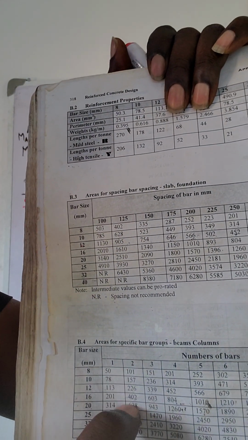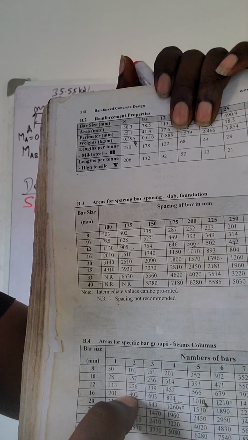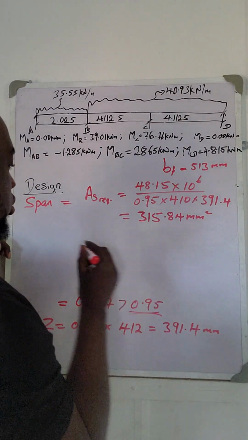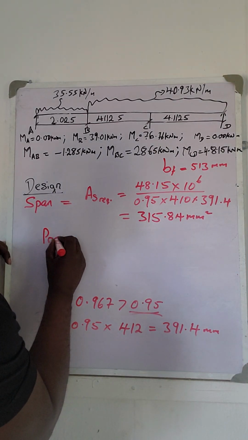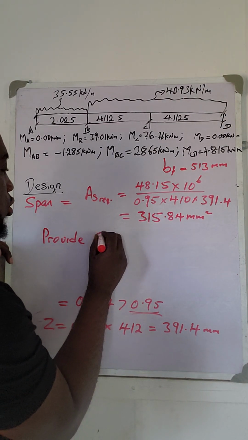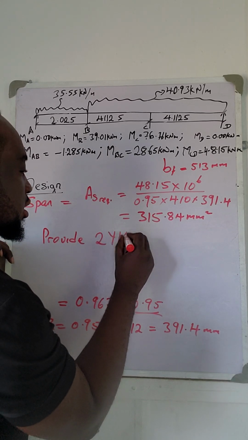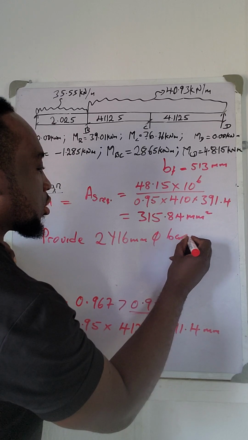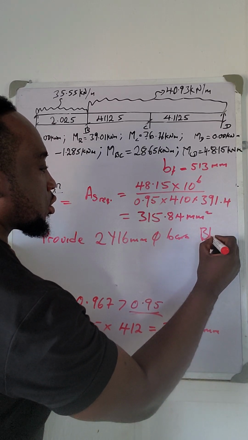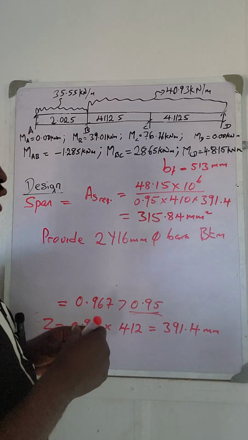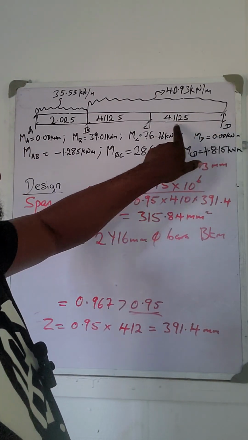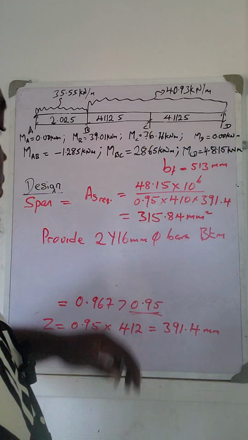So it means that it's 2Y16 we are providing. So we provide 2Y16 millimeter diameter bars bottom. All right, so this is 2Y16 for this span.